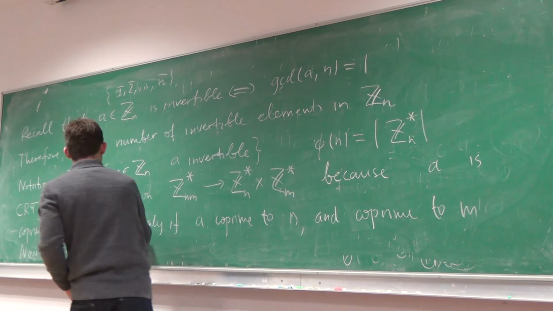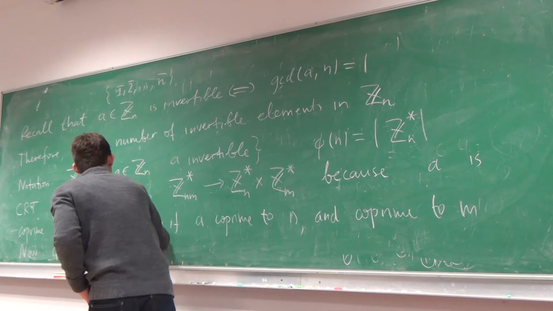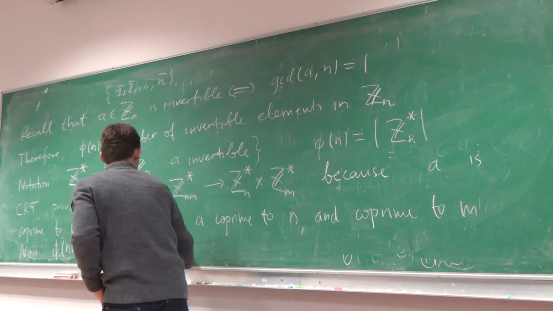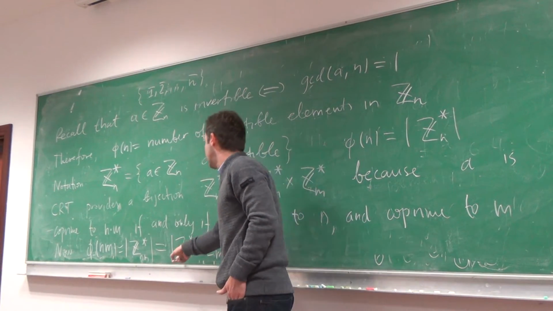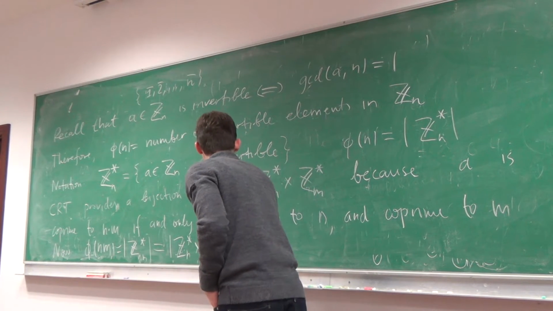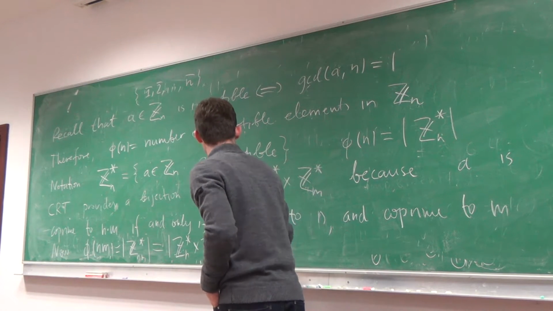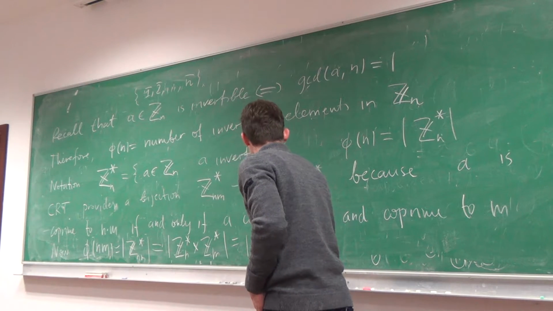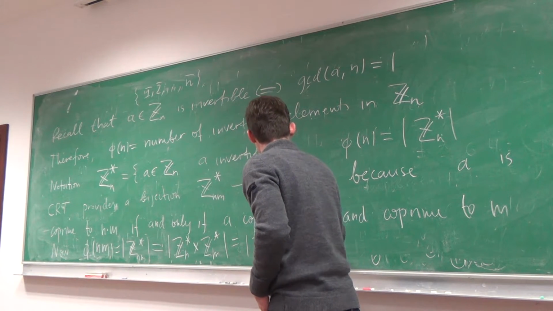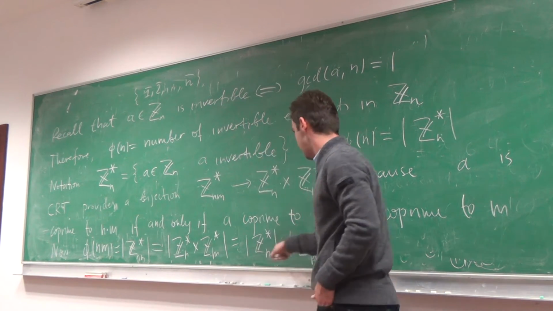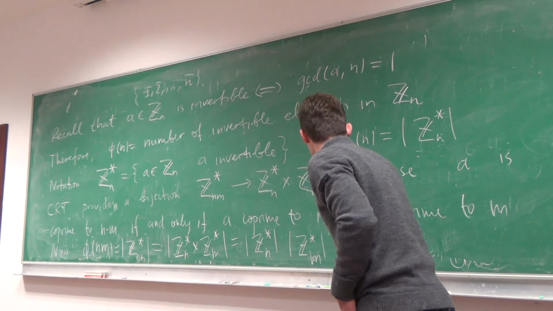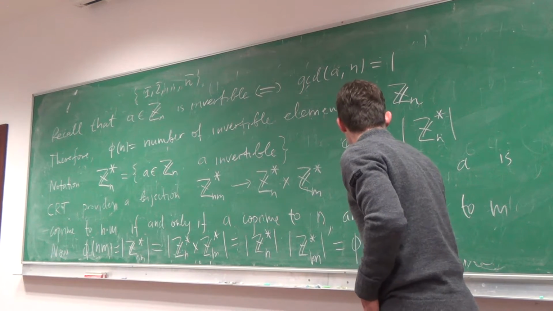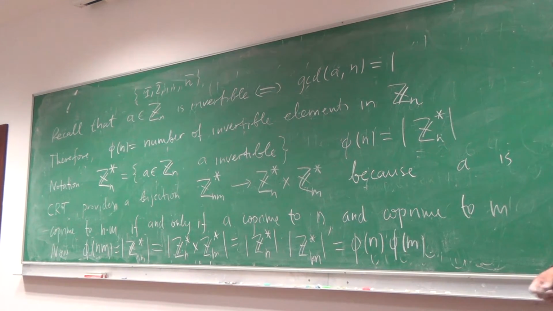And on the right-hand side, I need to look at the Cartesian product of two sets. One thing you know about the Cartesian product is that its cardinality is just the product of the cardinalities. Namely, I need to choose one element from here, one element from here. Choices are independent, and therefore the total number of pairs is this times this. And now this is phi n times phi m.